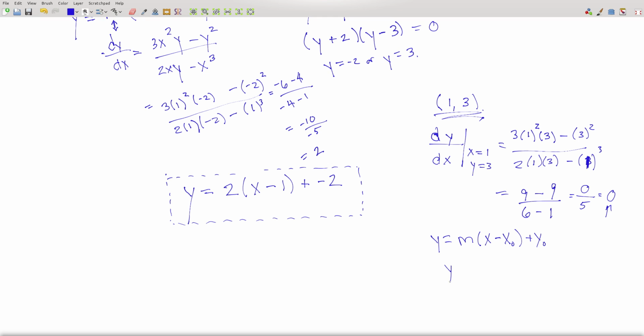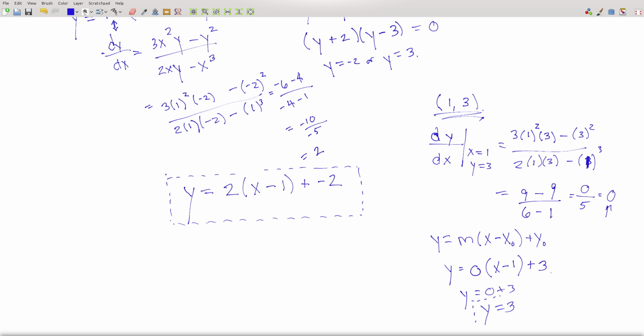In this case, the slope is 0. So it's y equals 0 times the quantity x minus 1 plus our y value, which is 3. Well, 0 times anything is 0, so this is y equals 0 plus 3, so this is y equals 3.